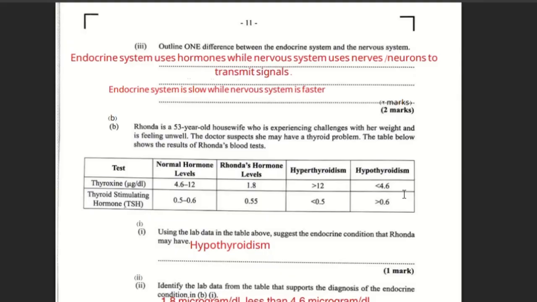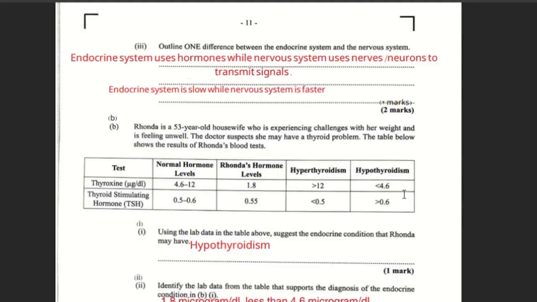Another difference between them is that the endocrine system is very slow. Obviously because these hormones are being released in the bloodstream, they are moving very slow. So we know that our body has blood in it, right? Actually, this is the biggest difference.